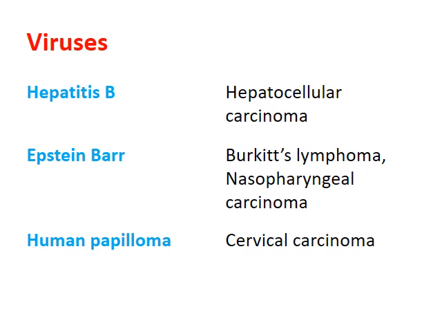Another type of virus is Epstein-Barr virus, associated with Burkitt lymphoma and nasopharyngeal carcinoma. Human papilloma virus, HPV, is associated with an increased risk of development of cervical carcinoma and nasopharyngeal carcinoma as well.